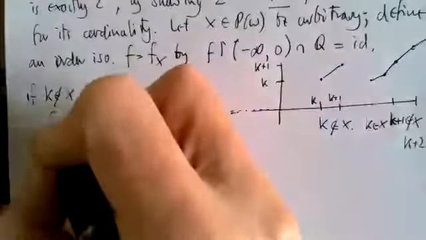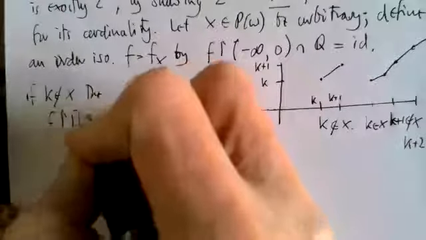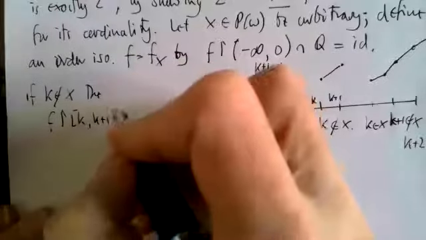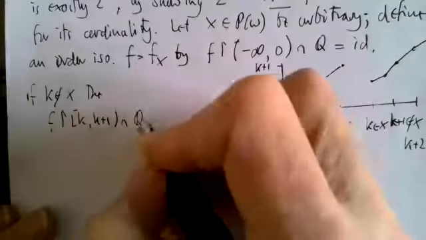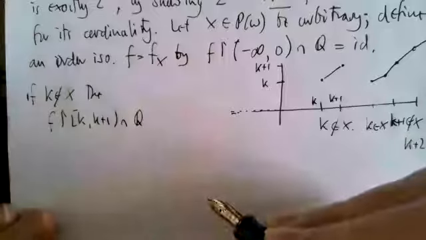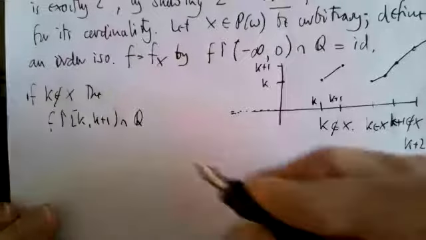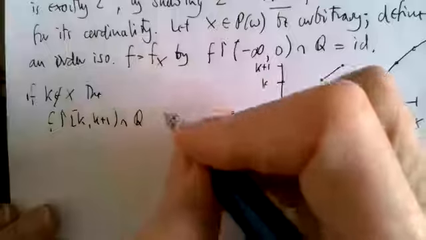So I just specify this. If K is not in X, then f restricted to K plus 1 here on the rationals is just, again, the identity. Sorry, not the identity.